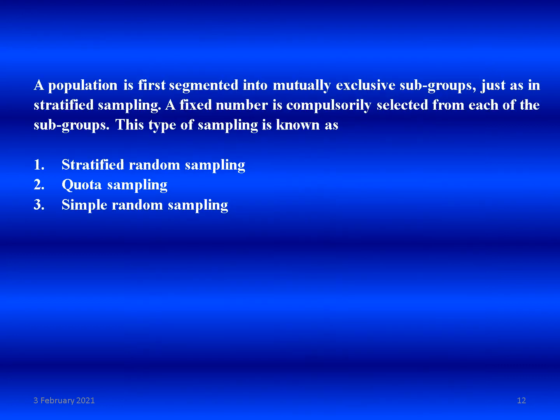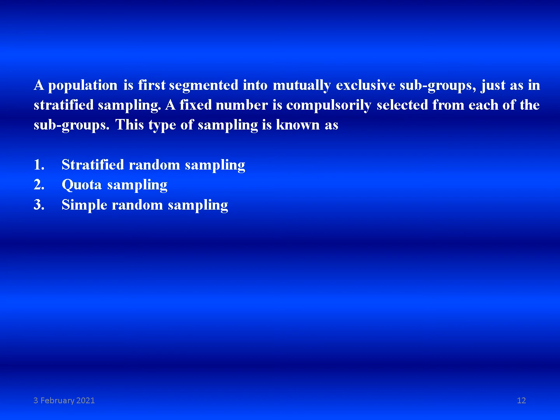Now we will see some questions. A population is first segmented into mutually exclusive subgroups, just as in stratified sampling, and a fixed number is compulsorily selected from each of the subgroups.